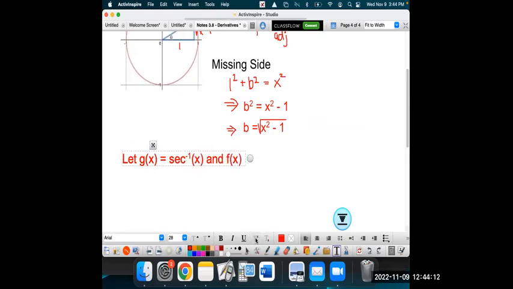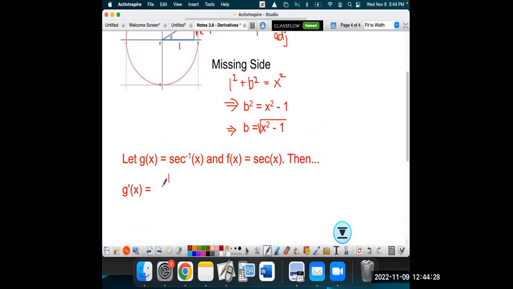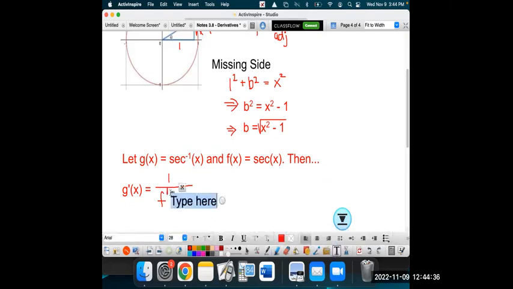And f of x would be its inverse, which is just regular secant. G prime of x equals the inverse derivative formula. So 1 over f prime of g of x. And I'm actually going to fill in the g of x there.